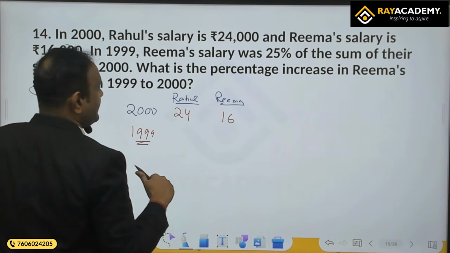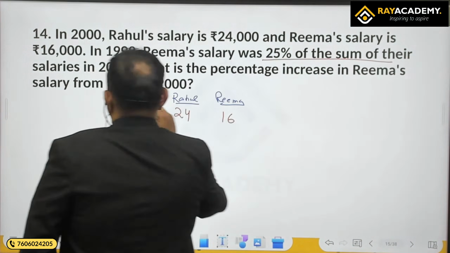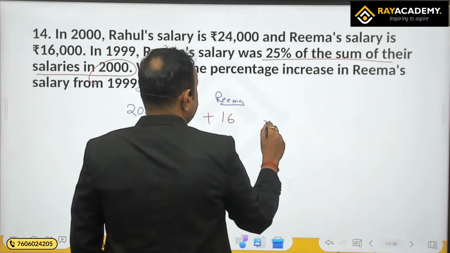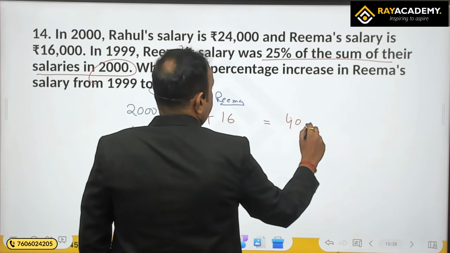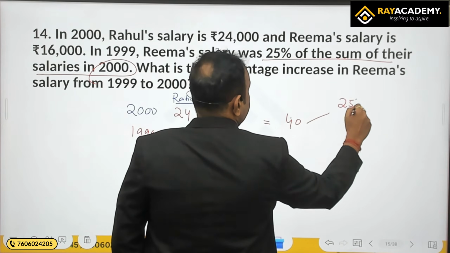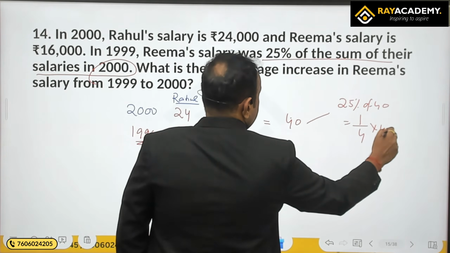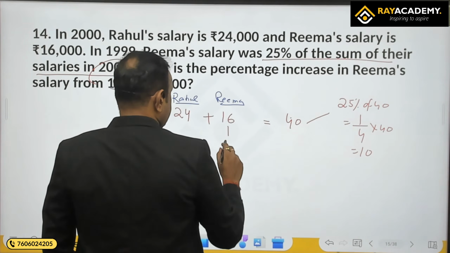In 1999, it says 25% of the sum of their salaries in 2000. The sum in 2000 was 24 plus 16, total salary is 40. Now 25% of 40, how much will it be? 25% is 1/4. That is 10. So I can write Rima's salary here, it is 10.